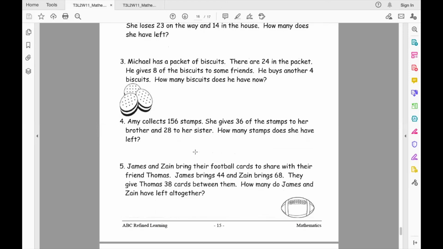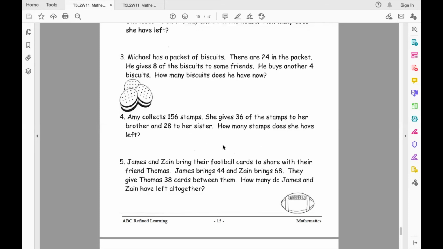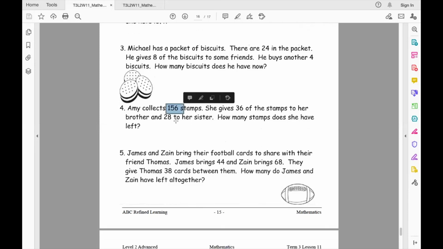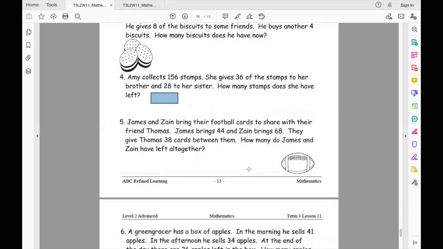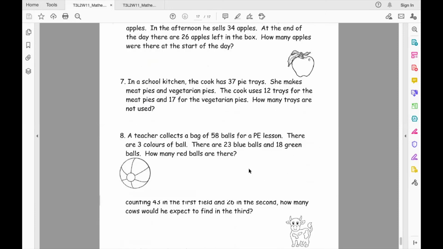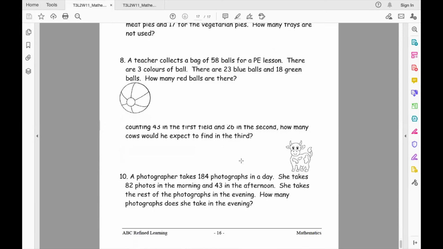Remember to write a number sentence. So write all your working out on the line below. For example, 156, right on the line there, in the empty space. And add or take away any of the numbers there. So make sure you understand what the question is. Read the question carefully.